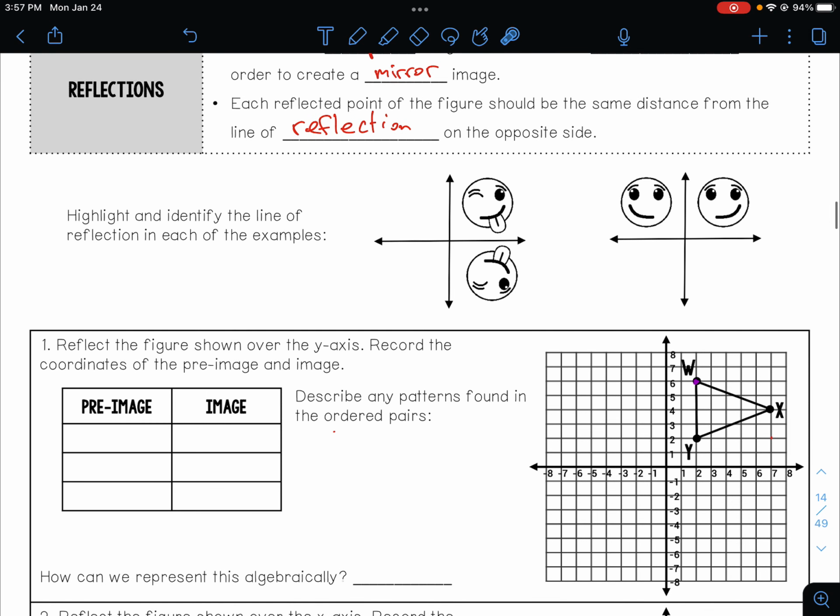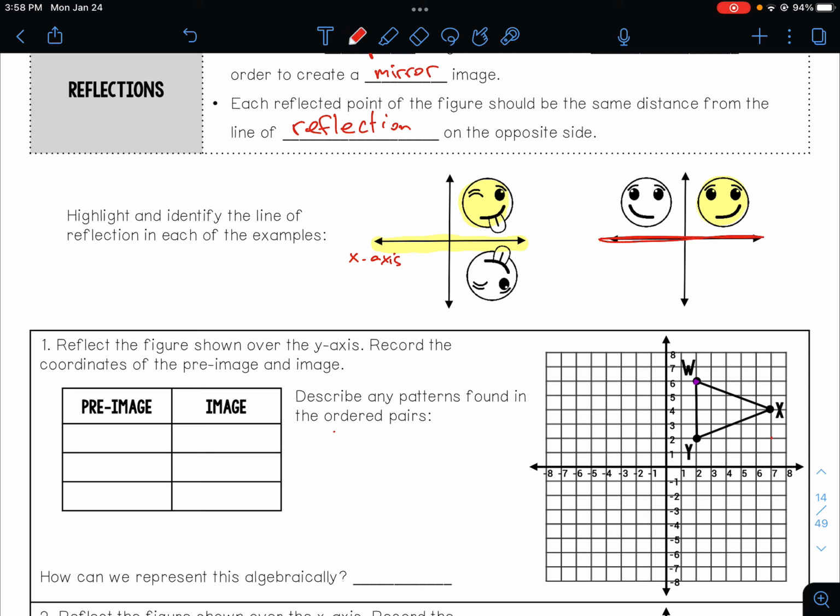Anyways, they want us to highlight and identify the line of reflection in each example. So let's say this is our original. Which line is our new image reflected over? Well, it is reflected over this axis, the x-axis in this case. And if I take a look at this, let's say this is the original image and this is our new one, where is it being reflected off of?